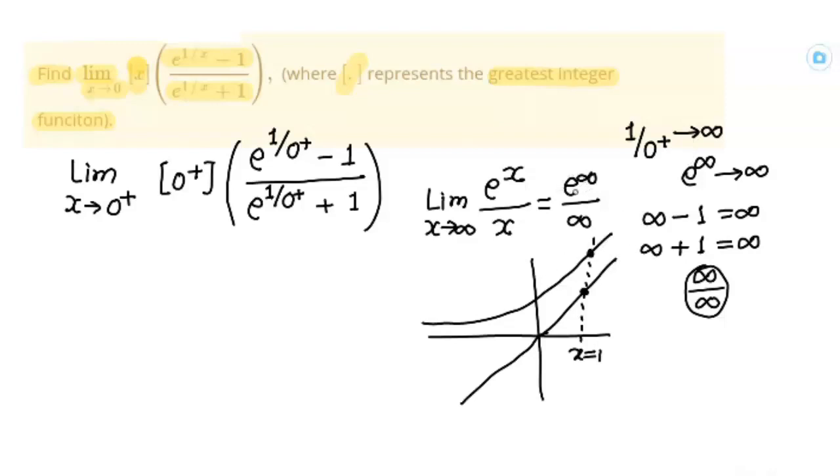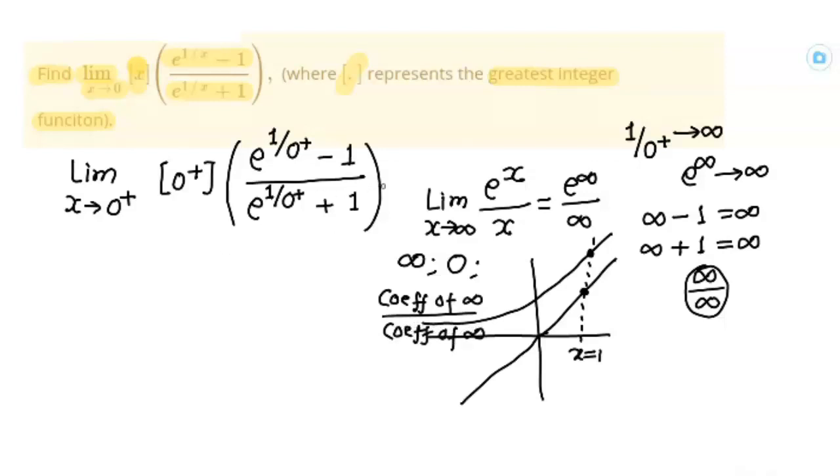So when the numerator infinity is greater than the denominator infinity, the answer is infinity. When the numerator infinity is less than the denominator infinity, the answer is 0. And when both infinities are the same, the answer is the coefficient of the above infinity upon the coefficient of the denominator infinity.